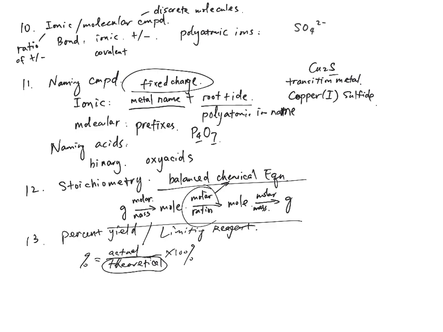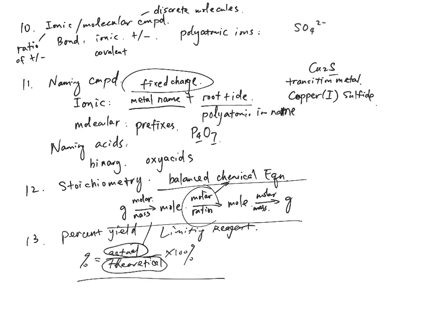But whatever it is, you wasted some, and then you ended up with the actual yield. So actual yield has nothing to do with your stoichiometry. Actual yield won't be calculated through your stoichiometry, starting from how much you were provided with. Okay, so can you do this type of percent yield calculation?